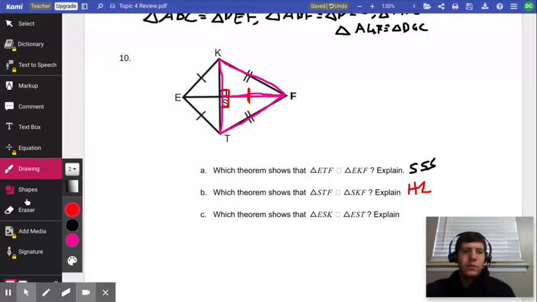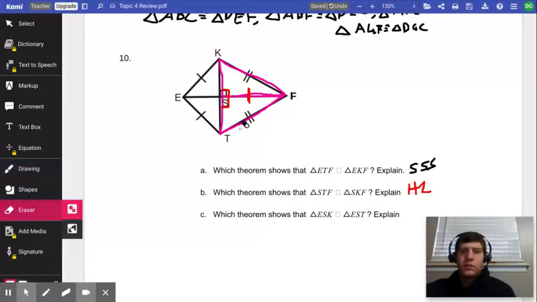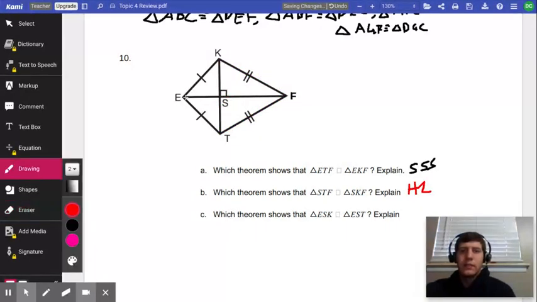Okay, and then the last one here, which theorem tells us ESK is congruent to EST. Okay, again, this will be the same thing, right? You can use the reflexive property.